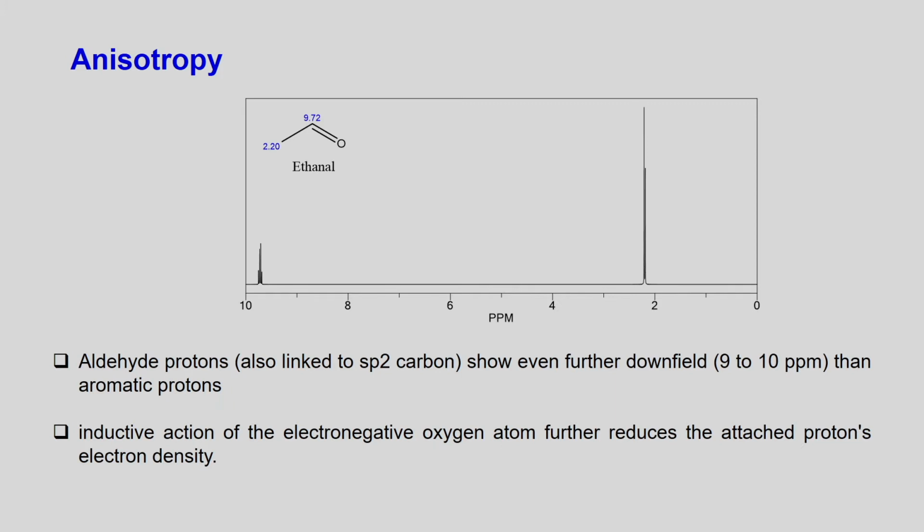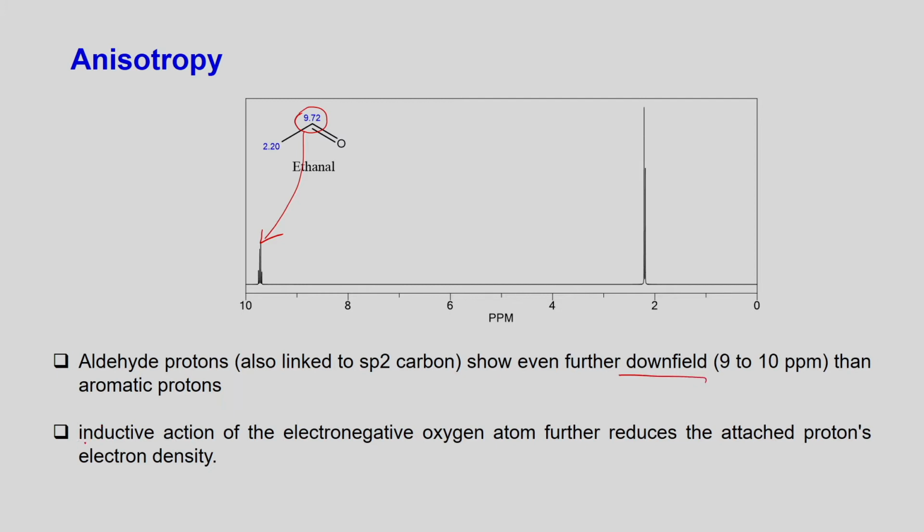Now, let us see the anisotropy. Anisotropy means where the magnetic field is disturbed. For example, ethanal, which is an aldehyde. The hydrogen atom which is connected to this CHO shows up at a very high shift. So, it requires a higher frequency to have a resonance. So, it is called downfield.